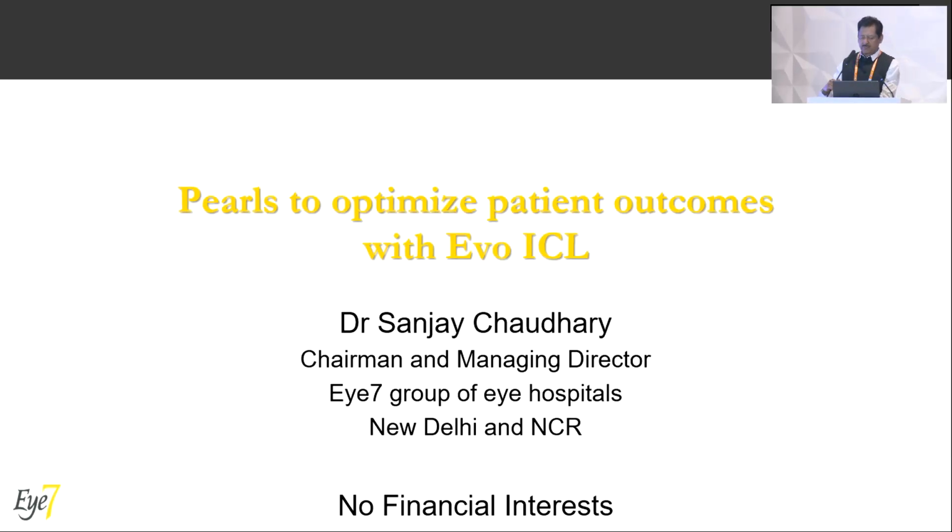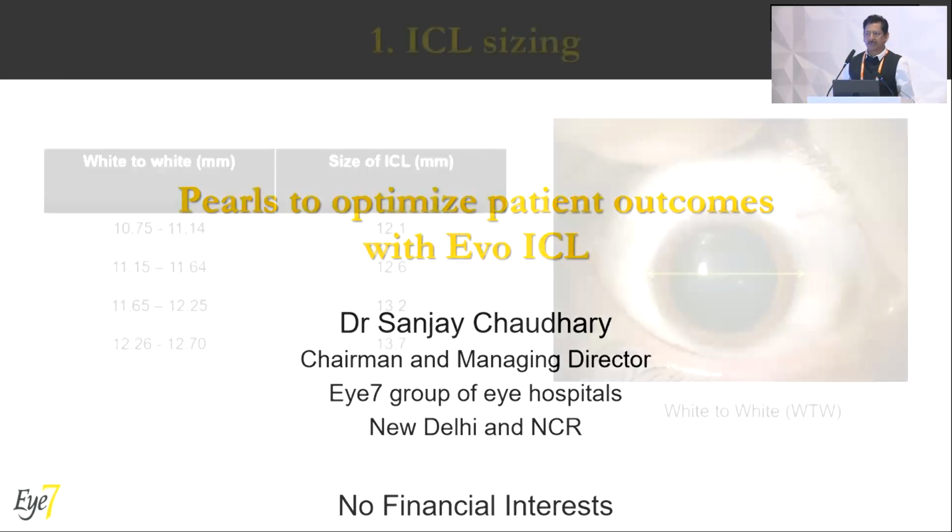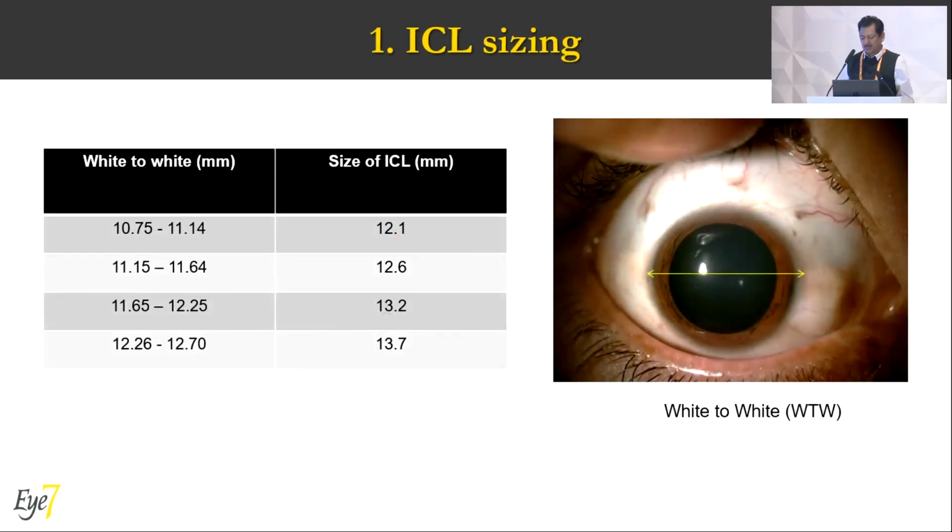The first problem: we are all told that we have to measure a white to white. So this is a white to white, and on the left side is the sizing. The OCOS system shows that from this size to this size you use 12.1, 12.6, 13.2, and 13.7.